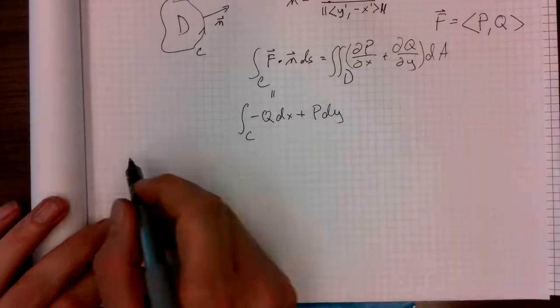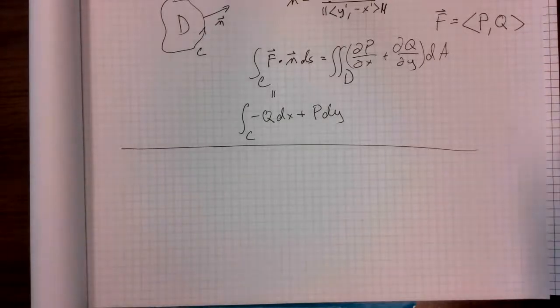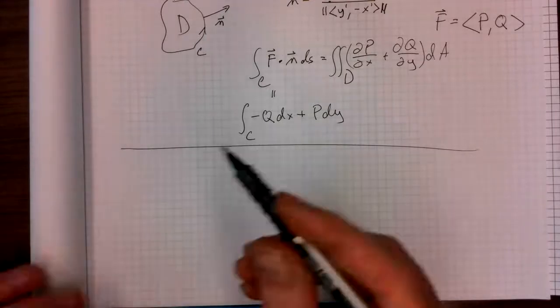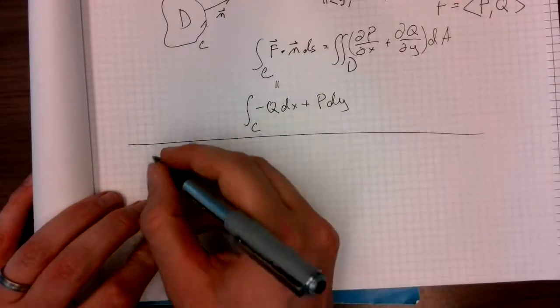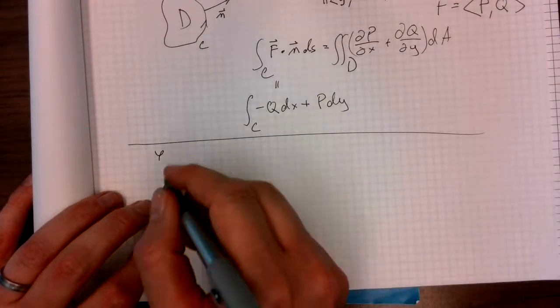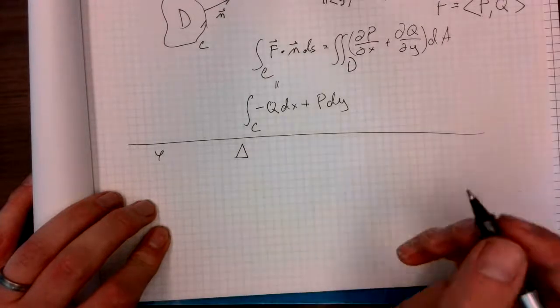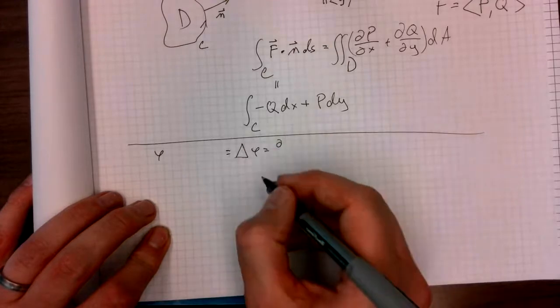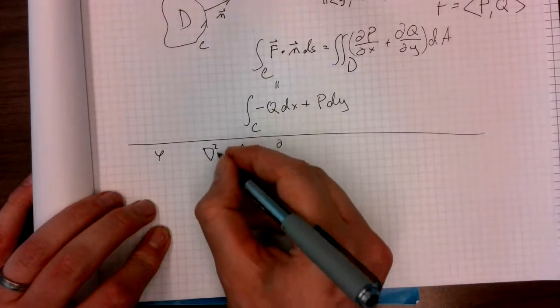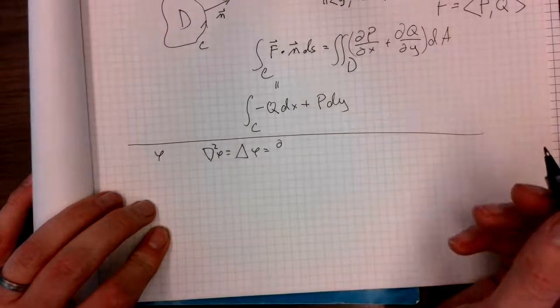Now let's conclude with a formula which is very useful, about the Laplace operator that we've seen before. So if I have a function phi, then the Laplace operator of phi, I don't know if I've written it as delta, sometimes it's written differently. I never know which way I've written it before.